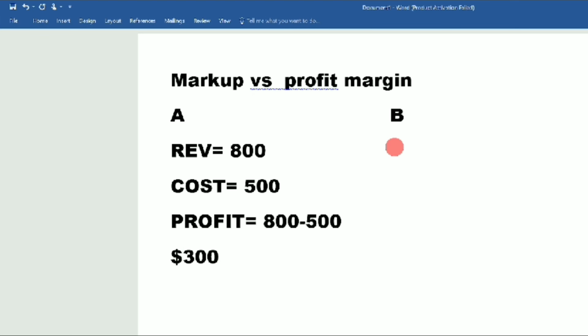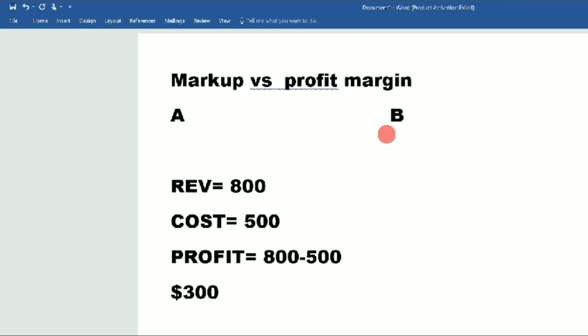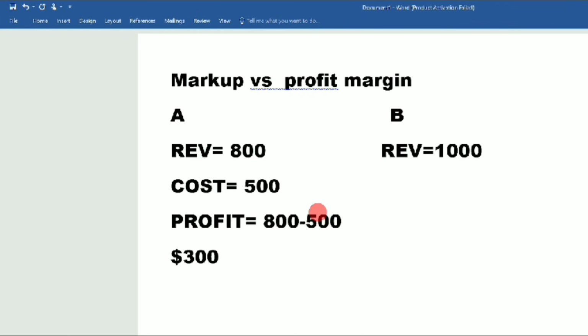Let's term this in dollars. All right, now let's go to B. B has a revenue of 1,000 and a cost of 700.